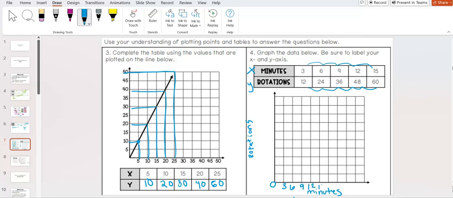So 3, 6, 9, 12, 15, 18, 21. Then on the side here, we're going to go by 12s. Actually, to fill out our graph a little bit, let's skip count by 6s. It'll just make our graph fill in because we have 10 spots available.